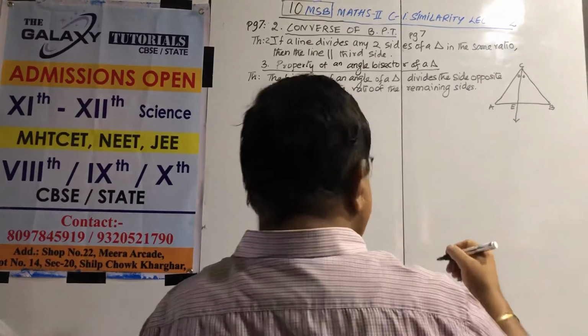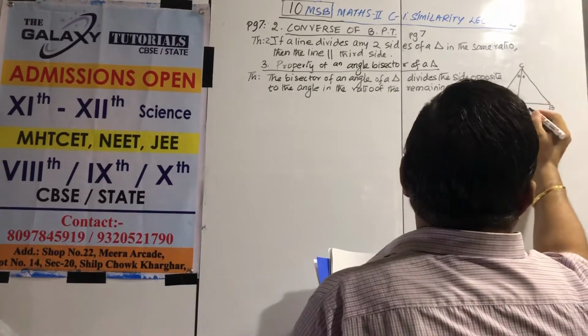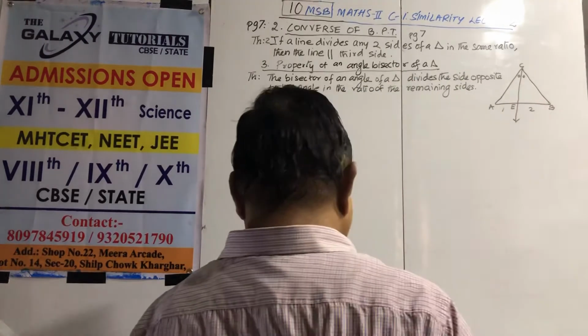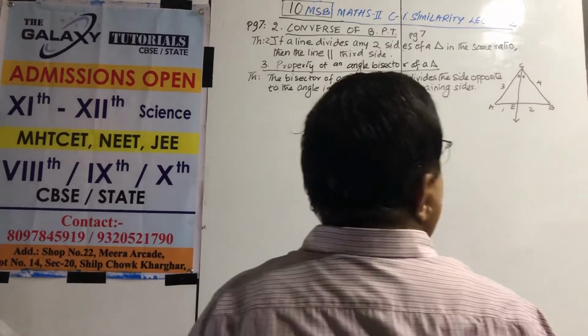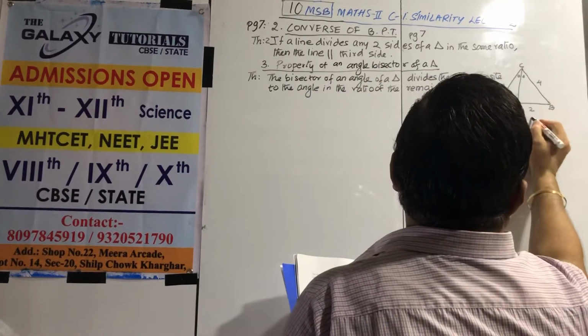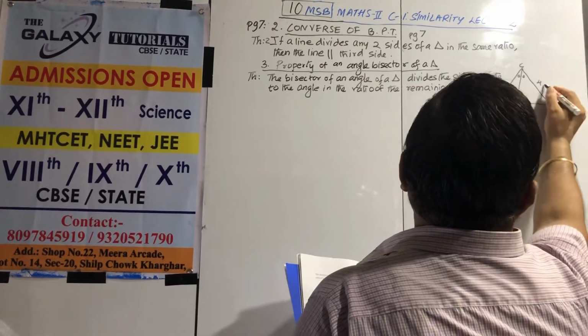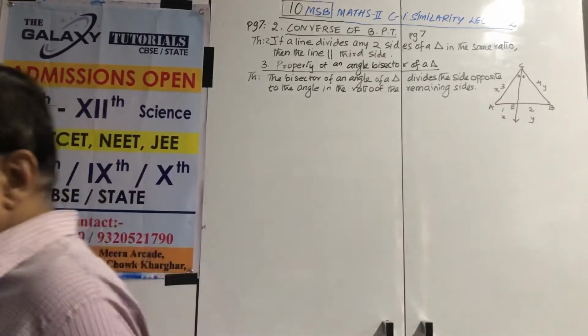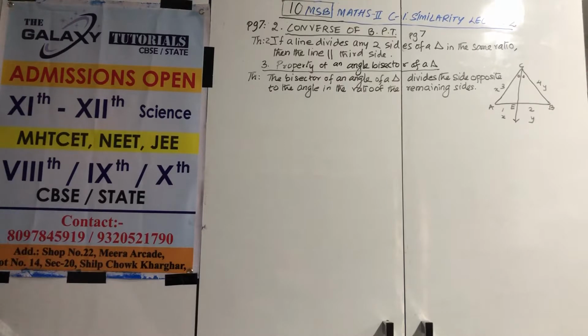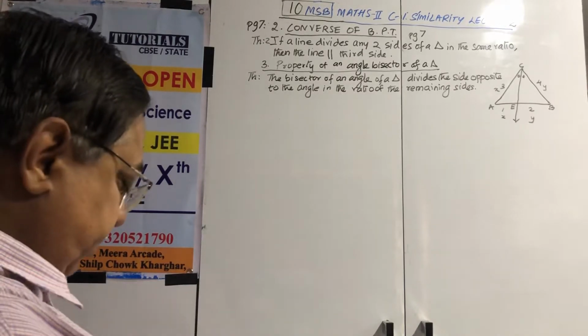Or in simple language, it says 1 upon 2 is equal to 3 upon 4. Okay? Or x upon y will also give me x upon y as ratios. So this is a shortcut. Please remember 1 upon 2 is equal to 3 upon 4, and that should help you with the sums. Angle bisector theorem.